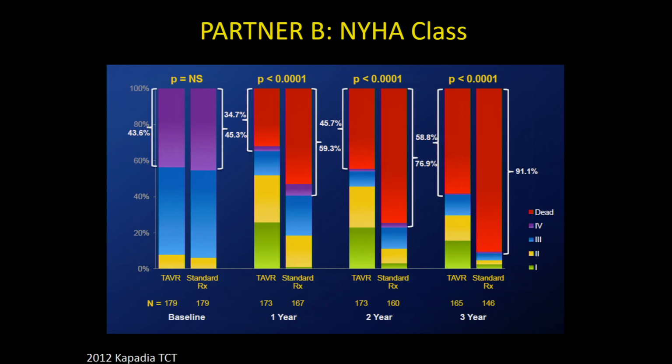The blue bars and the purple bars mean they have class 3 or class 4 heart failure, a really sick population. If you look at 1 year, the non-red portion of the bar graph, these are the surviving patients. The vast majority have yellow or green, which is class 1 or class 2 heart failure, so a substantial improvement. The majority of people who survived had very low level symptoms.